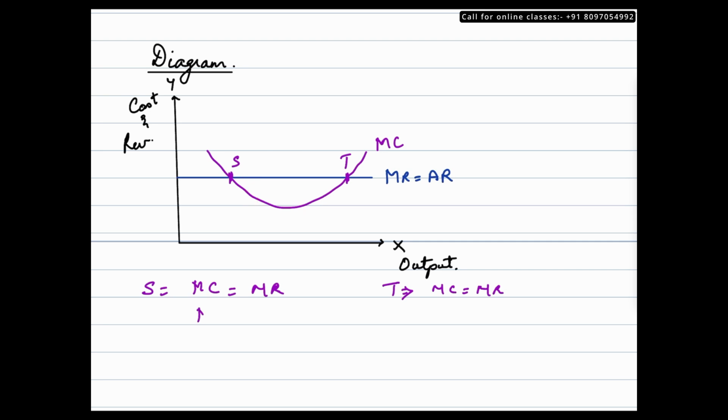That means MC is less than MR, and at point T, post this point, we see that MR is over here and MC has gone up above the MR curve. So at point T, MC is greater than MR. So this here is output level Q, and let us say this here is output level Q1. Let me write that down as well.